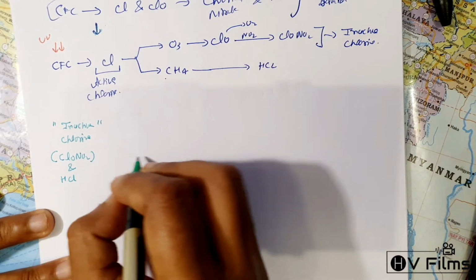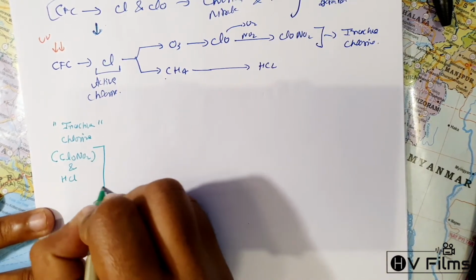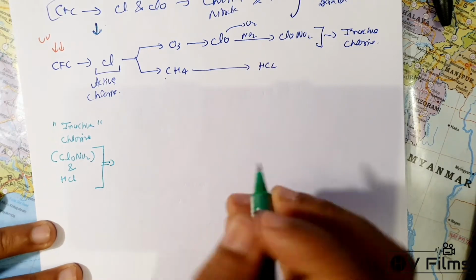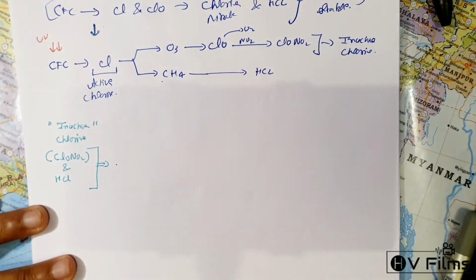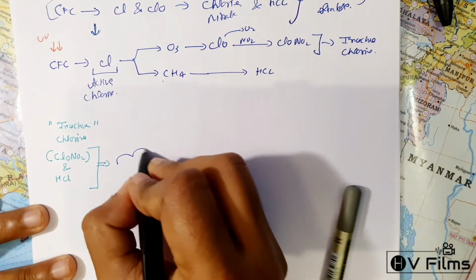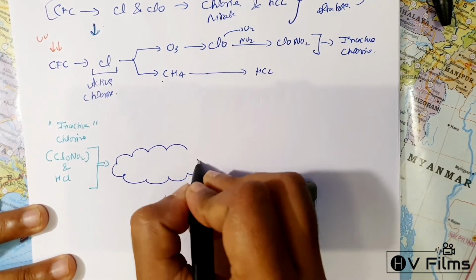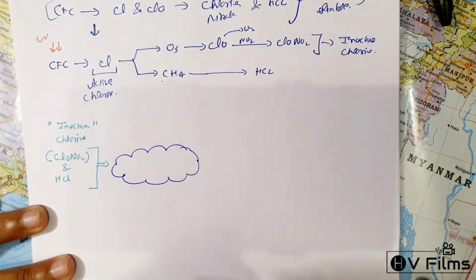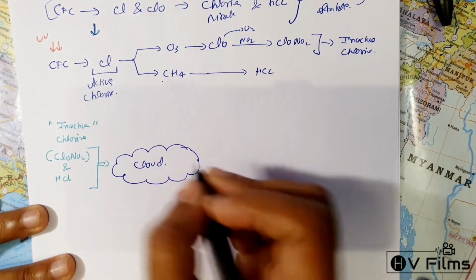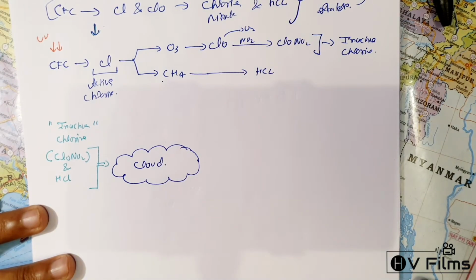Now these will be in a cloud itself. That's an aqueous cloud. We have discussed the stratospheric cloud. So let's make a cloud here. For example, this is a cloud, right? We'll write this is a cloud which is made up of the inactive chlorines.